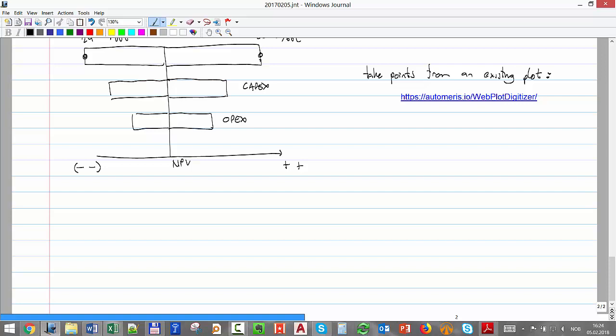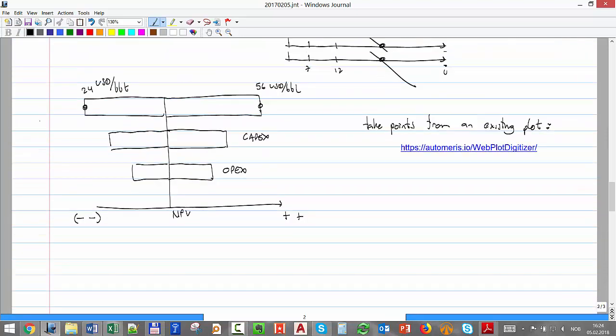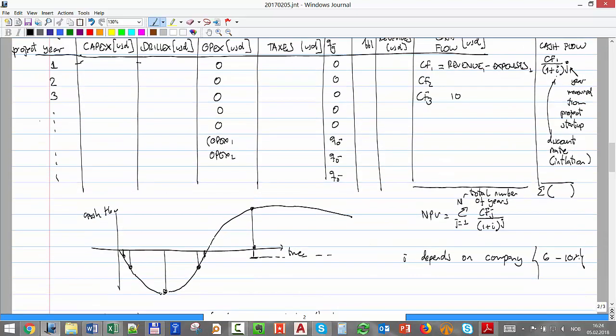Okay, so before we go, now let's talk about this example we have. NPV is very important. This course is not about economics, but we have to mention it because it's one of the main indicators we use to make decisions.